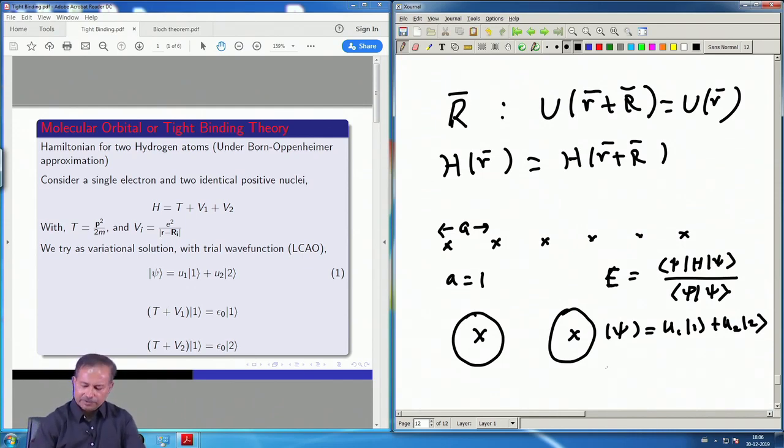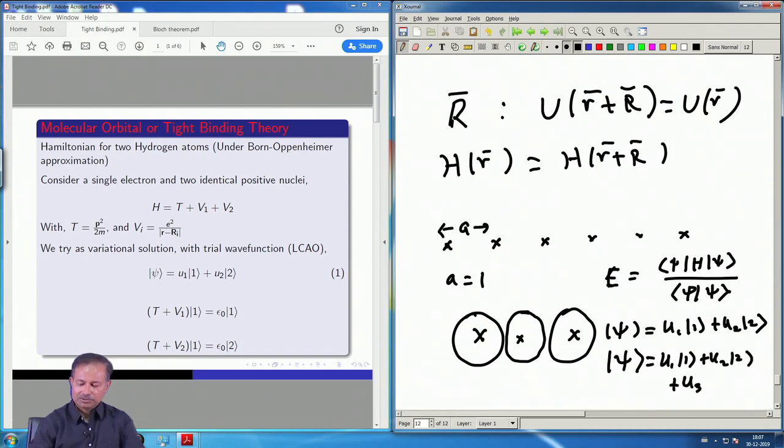Now, suppose instead of 2 atoms, I add another atom to it, drawn as big as the other ones. So, what do we do? We just do the same thing. We just extend this to u1 phi1 plus u2 phi2 plus u3 phi3.